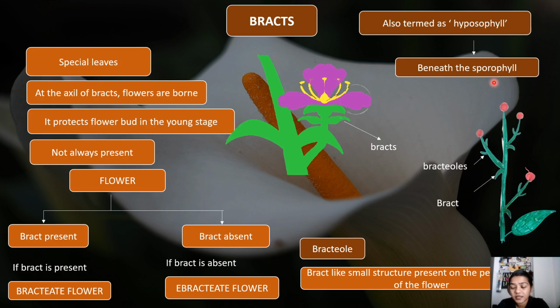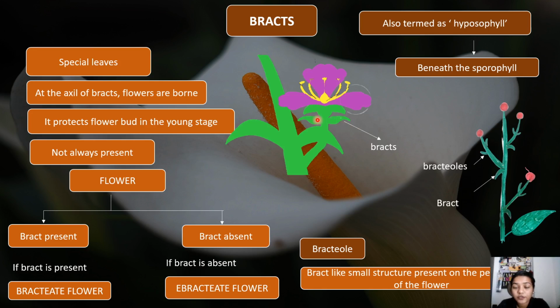Sporophyll is a word that is used for a leaf that has spores present, the reproductive part present, right? So for us this is the sporophyll, because this part, the flower, has the reproductive part, right? Now below this reproductive part, below this sporophyll is present the bract, right? And therefore it is called hyposophyll.